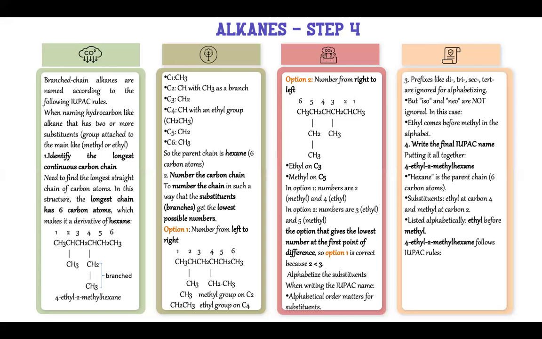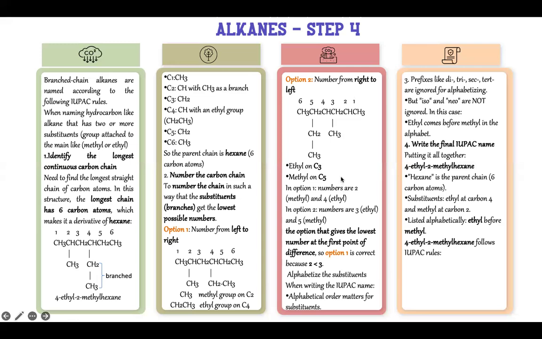And at carbon 4, we have a branch, CH with an ethyl group, which is CH2 and CH3. This is referred to as the ethyl group on C4.